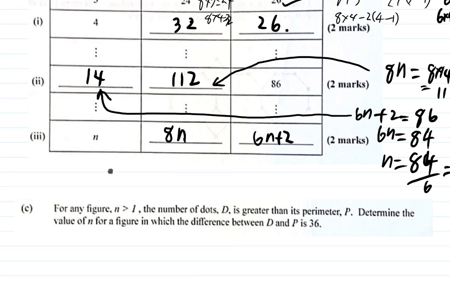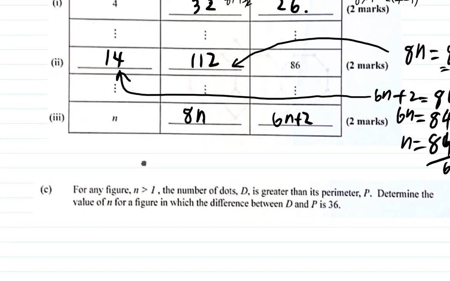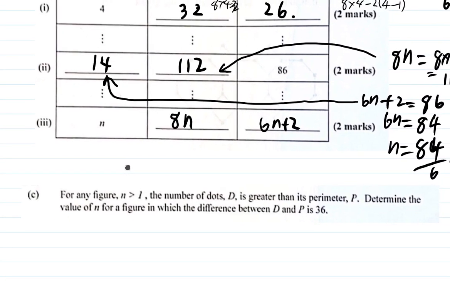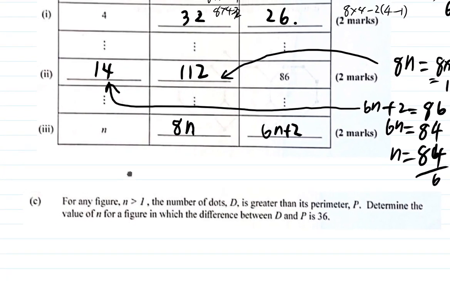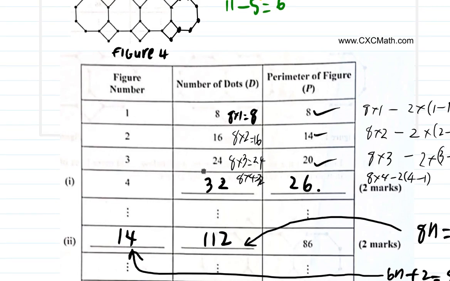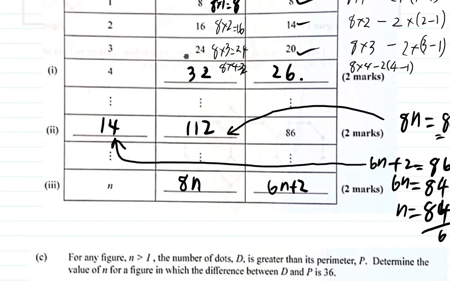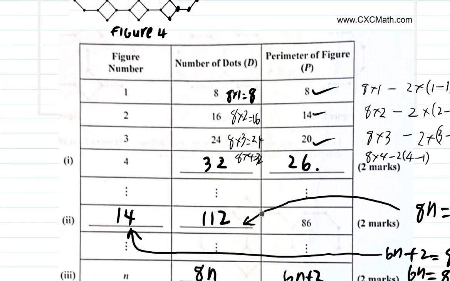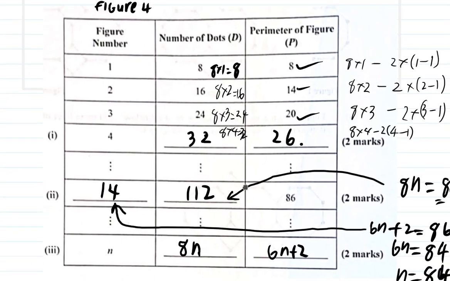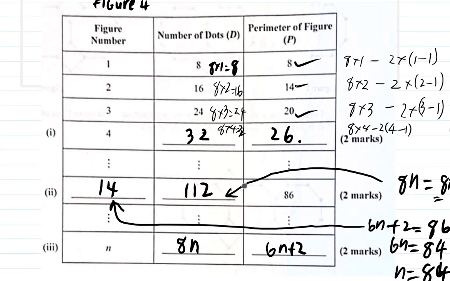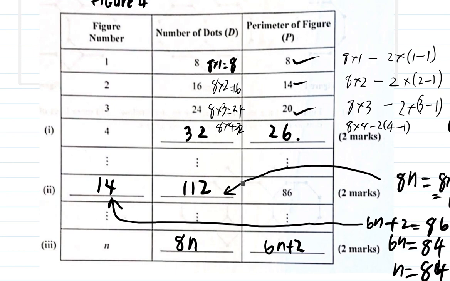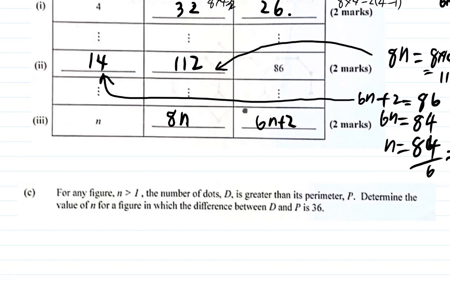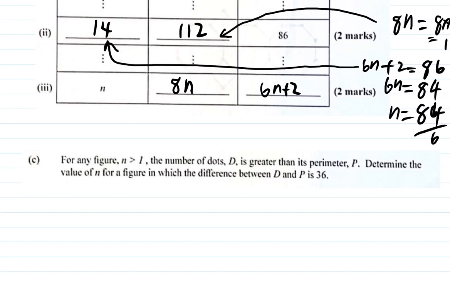Now, the difference between D and P is 36. Determine the value of n. Well, difference between D and P, D is 8n. P is 6n plus 2. So the difference means you have 8n minus (6n plus 2), right?